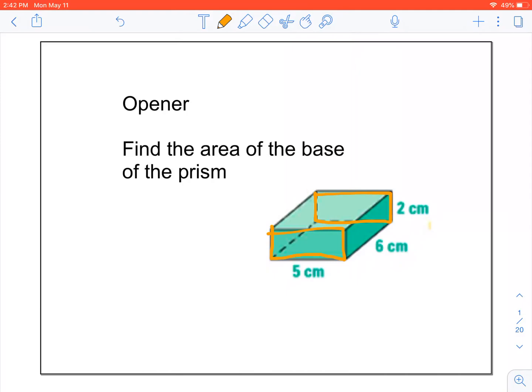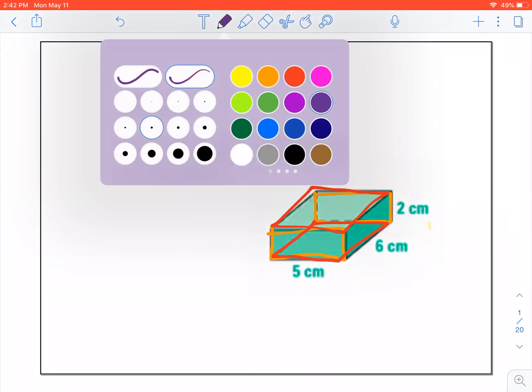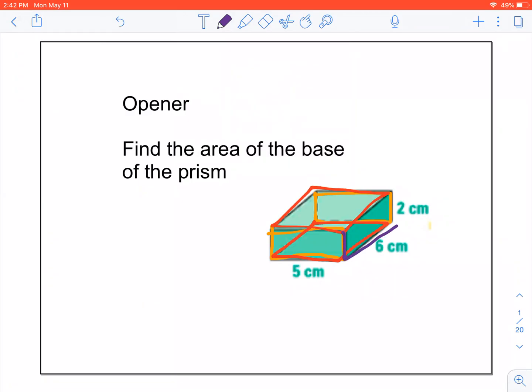You could instead look at the bottom and the top rectangles to be your bases. You could instead look at the right-hand side and the left-hand side. It's up to you as to which one you actually see.